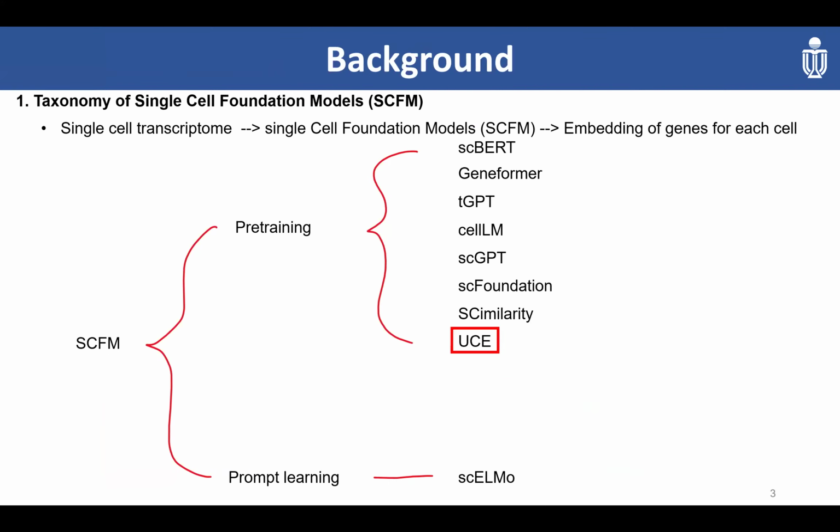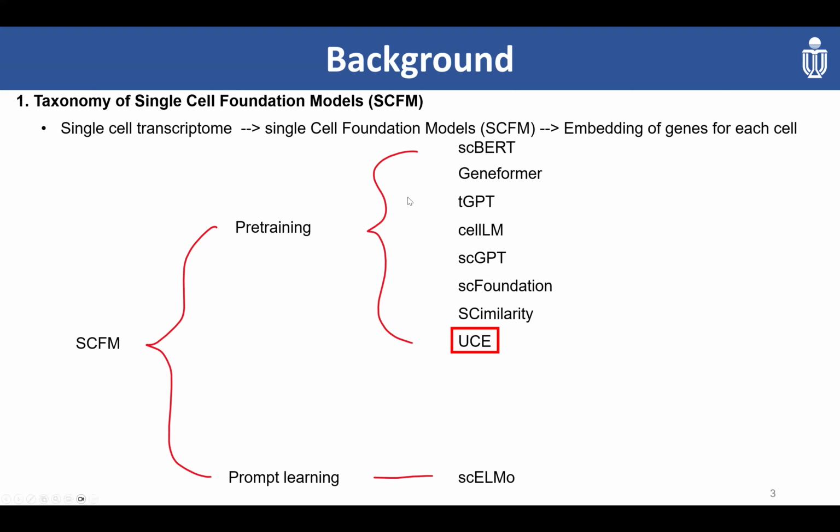Before we dive into the details, let's first learn some background of the single-cell foundation models. In short, it can be divided into two parts. The first type is pre-training, which means we have the single-cell transcriptome, and we use that to train a single-cell foundation model, and we can get an embedding of the genes for each cell, and then we design downstream tasks according to this embedding.